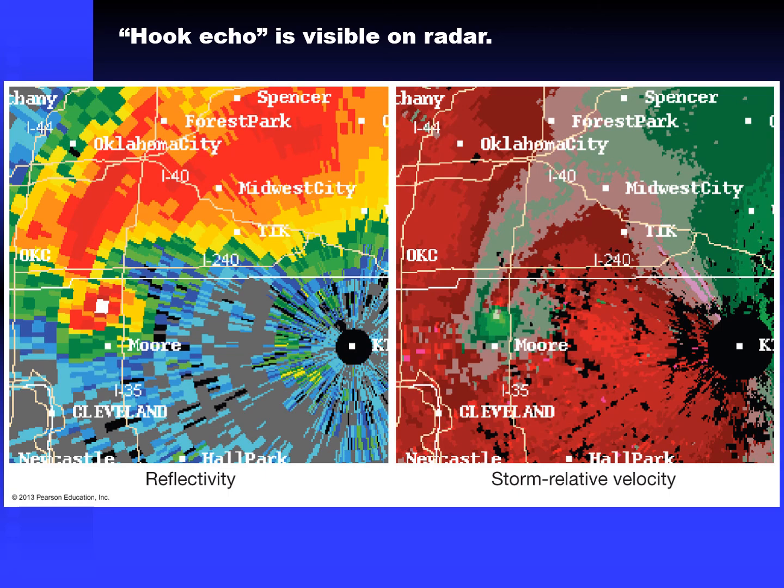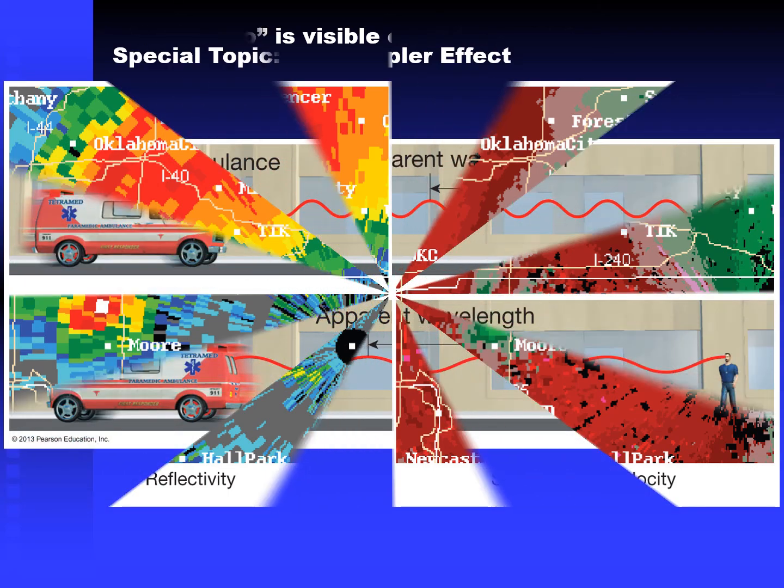Anyway, so you kind of see, especially the image on the left, if you follow the red and the orange, you kind of see it dip down and it forms this hook image. That's what they mean by a hook echo or a bow echo. When they see this on the radar, they're going to go ahead and put out a tornado warning for that area because it's very likely that a tornado is forming at that time.